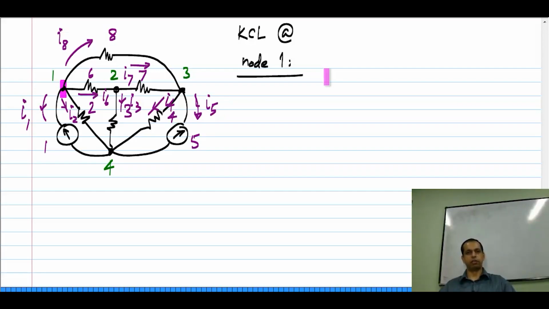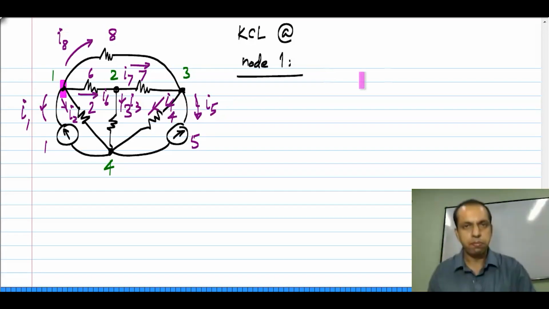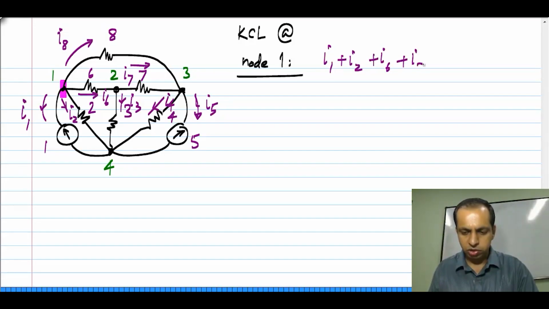This is just to get some additional practice in keeping all the signs in the KCL equations correct. So, at node 1 we will have I 1 plus I 2 plus I 6 plus I 8 to be 0.